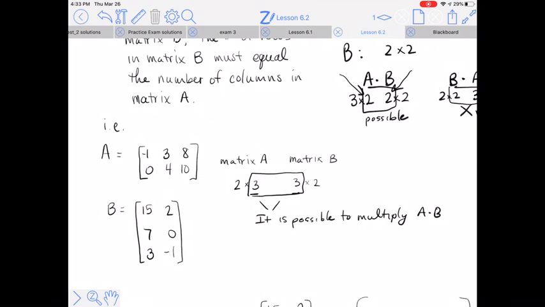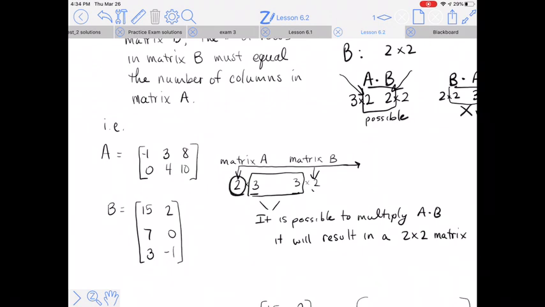Now, these outer two numbers, these don't need to match necessarily. What those outside numbers tell us, though, is also important. They tell us the dimensions of A times B. If A is multiplied by B, it will result in a 2 by 2 matrix.